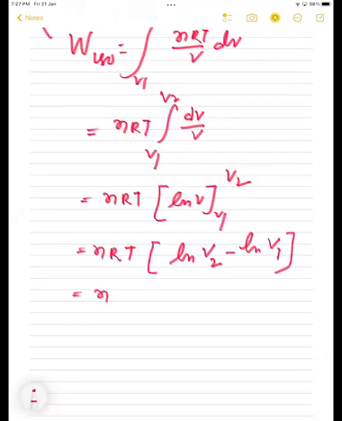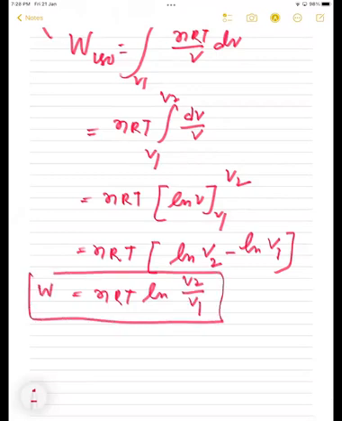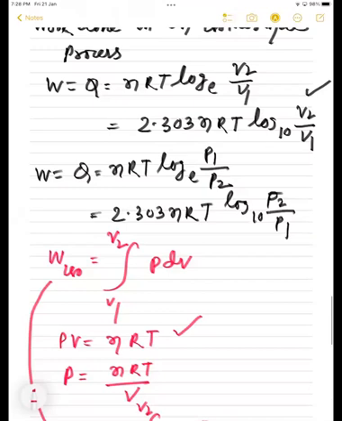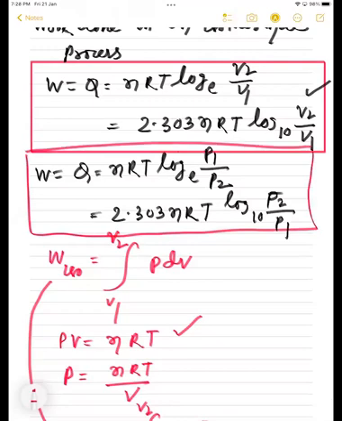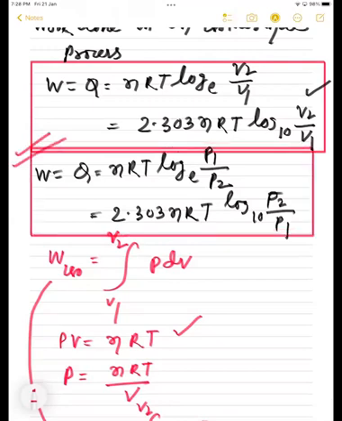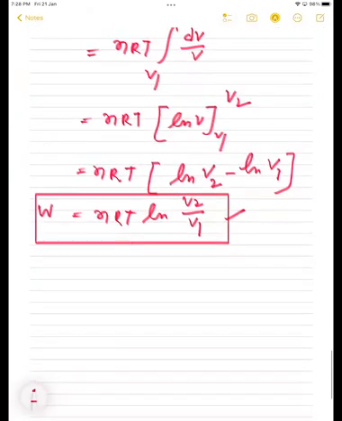So we got nRT ln V2 by V1. To convert ln, which means log base e, to log base 10, we multiply by the extra factor. So that's why we wrote these two formulas. Do you understand how this formula came? Understood or not, students? So this is the way the formula came.